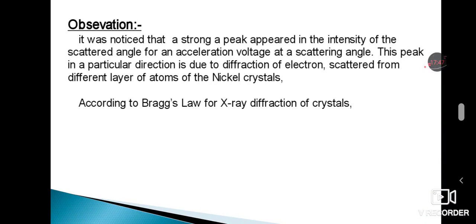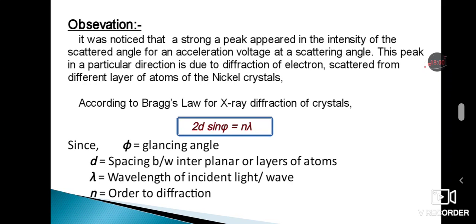According to Bragg's law, as in X-ray diffraction, the diffraction condition for this crystal is given by 2d sin phi equals n lambda. Here phi is the glancing angle, the angle between the nickel target and the scattered beam toward the collector, d is the spacing between the interplanar layers of atoms, lambda is the wavelength of the incident wave, and n is the order of diffraction.